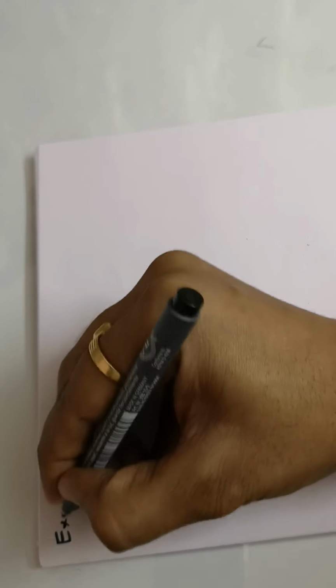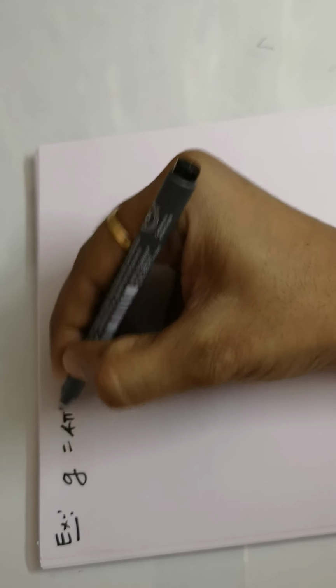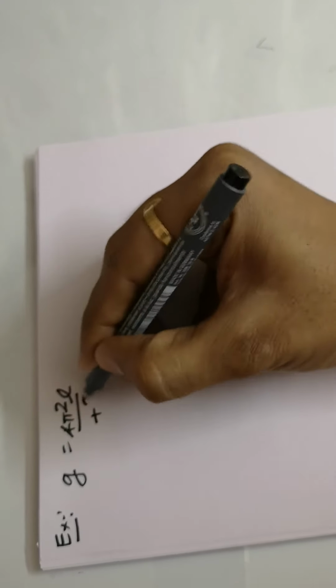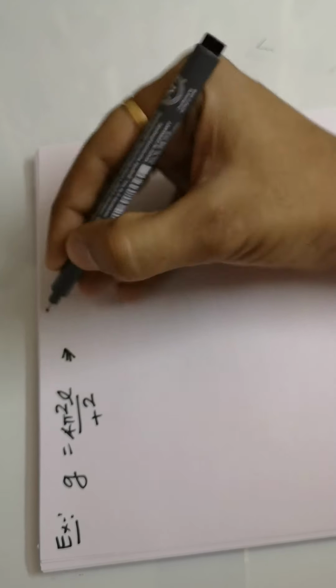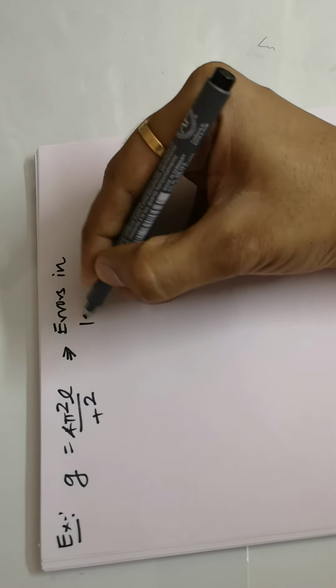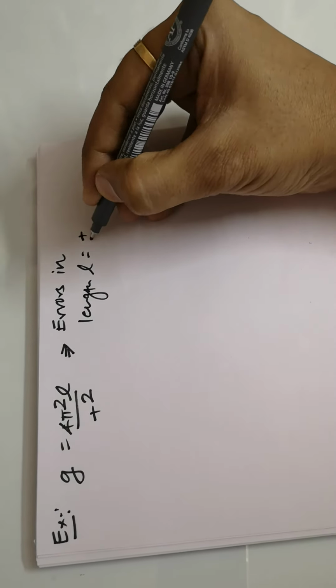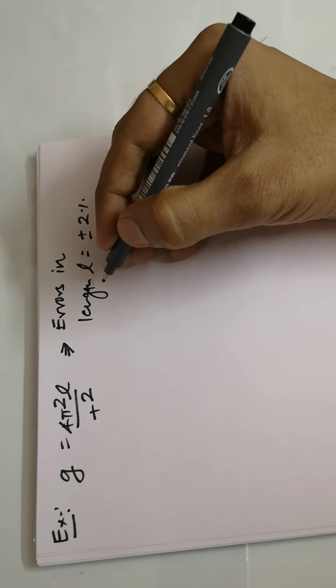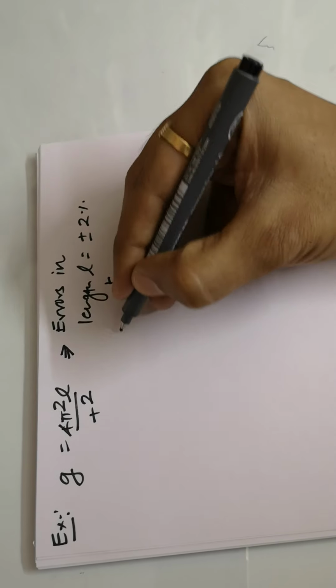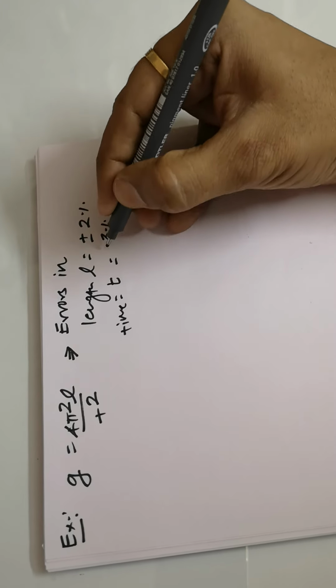Let's say I have one equation: g equals 4 pi square l divided by t square, and my error in length l is 2%, and my error in time is 3%.